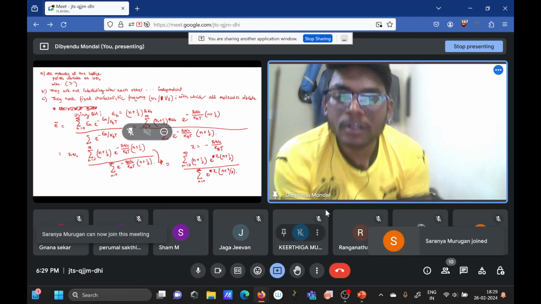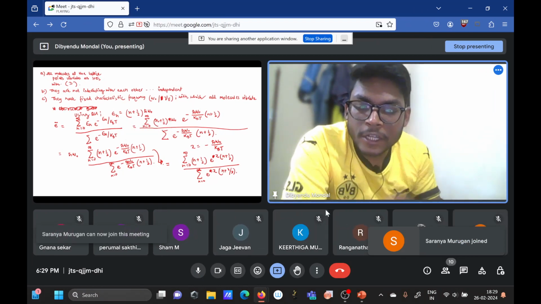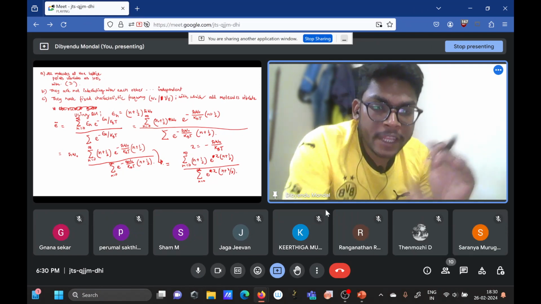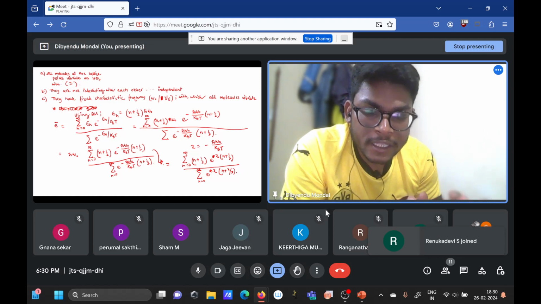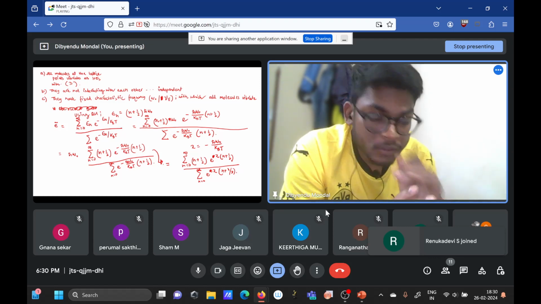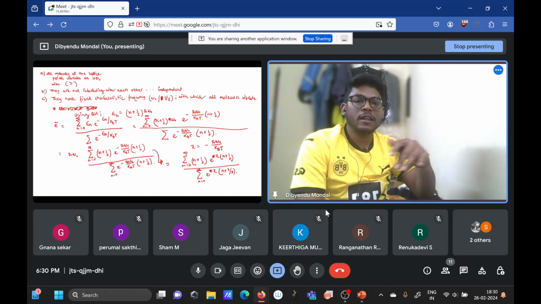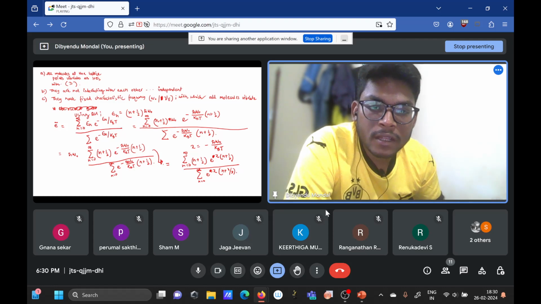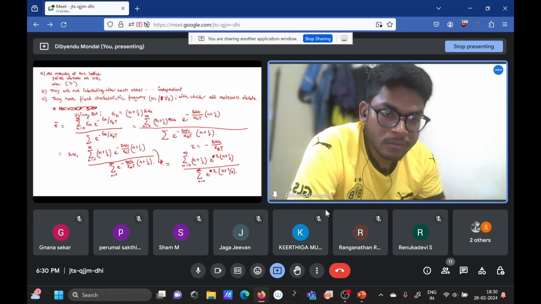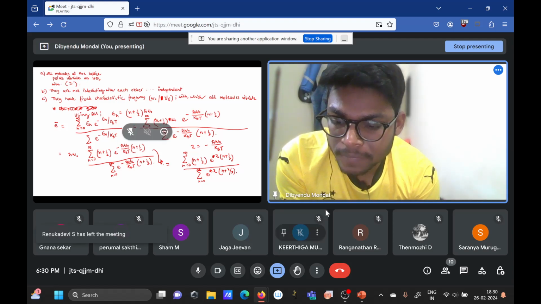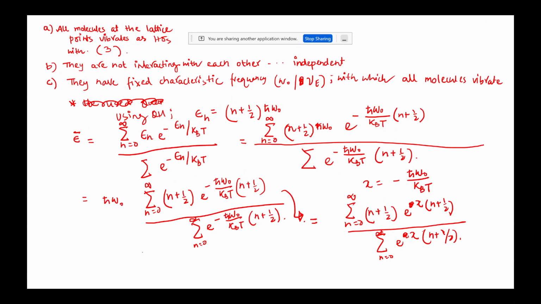Now if you see in the denominator, e to the power x times (n plus half), if you take that as y, and take the log of that and differentiate, let me consider y equals the summation over n equal to 0 of e to the power x times (n plus half).